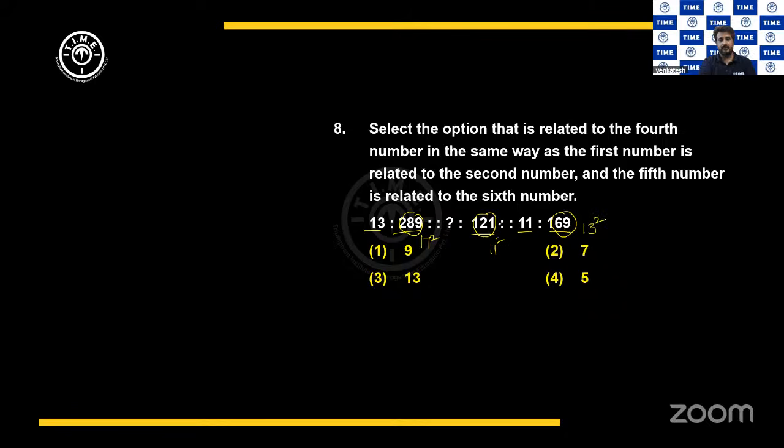Now what I can understand here, 13 is to 17 square. So next prime number: 13's next prime number is 17. 17 square is 289. Now 11 is to 13 square. 11's next prime number is 13 and 13 square is 169.